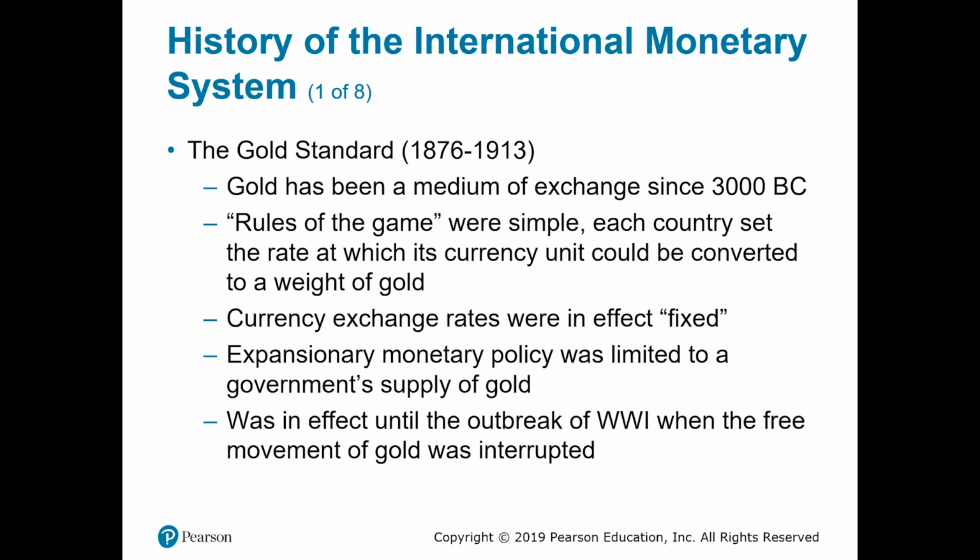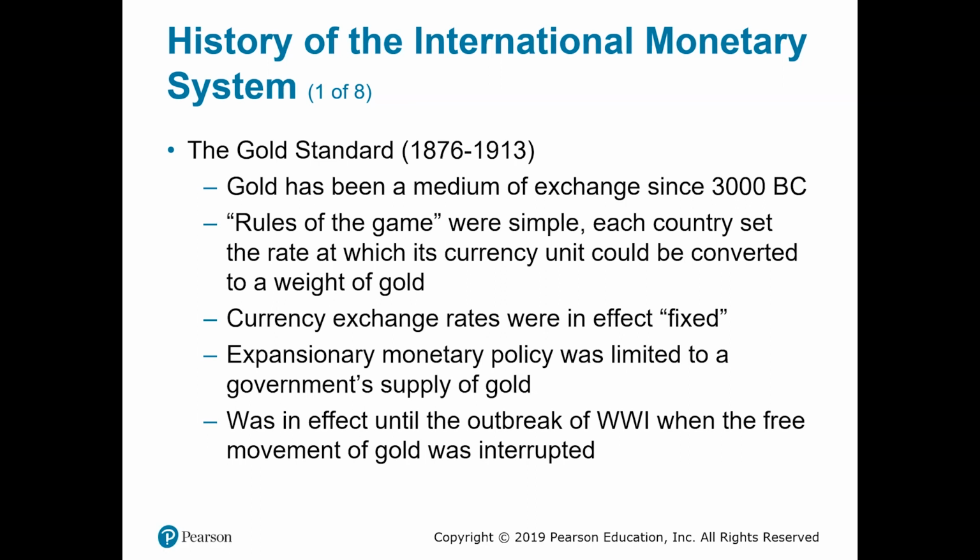The US government was willing to buy and sell gold at this price, and this was the value of the US dollar, which was set against gold. Similarly, the British pound was pegged at 4.247 pounds sterling per ounce of gold.